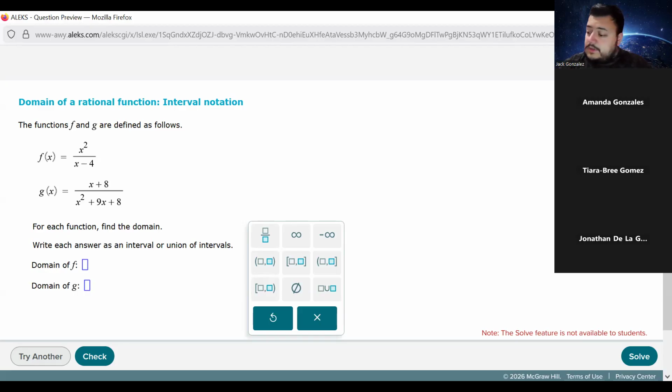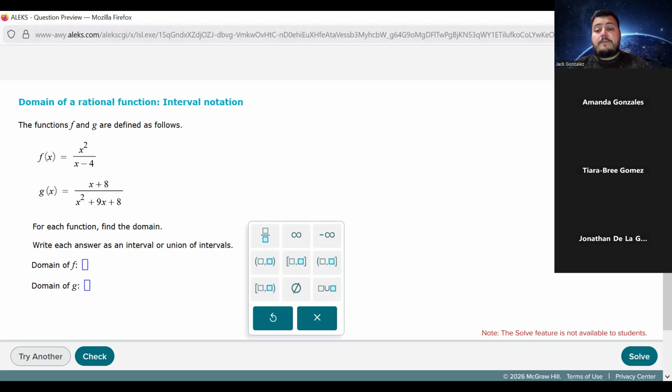F of x is equal to x squared over x minus 4. G of x is equal to this nonsense. Find the domain.